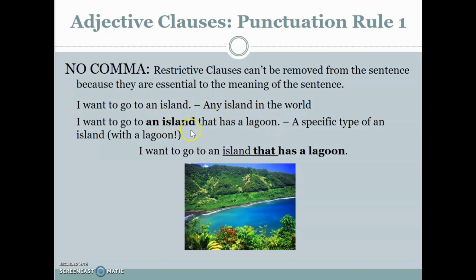It's an island with a lagoon. In this case, if you remember, I said there is no comma with that. In this case, you do not put a comma between island and that. I want to go to an island that has a lagoon. So you have it, an adjective clause that has a lagoon with no comma.